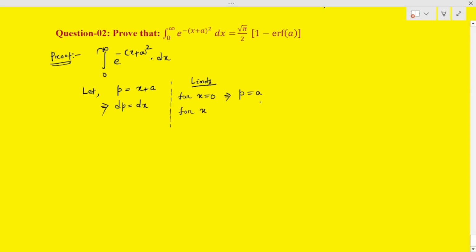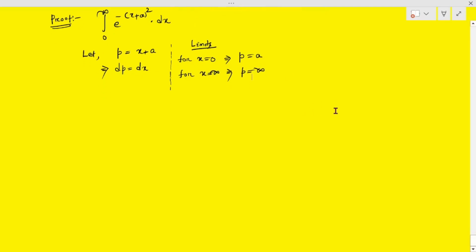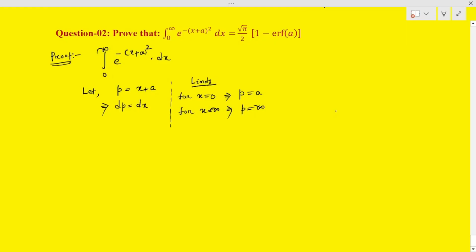For x equal to the upper limit infinity, p will be infinity, because infinity plus a is infinity. So the above integral will change: it was 0 to infinity, now it will be a to infinity.